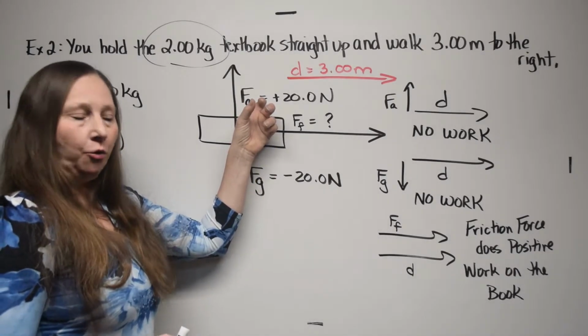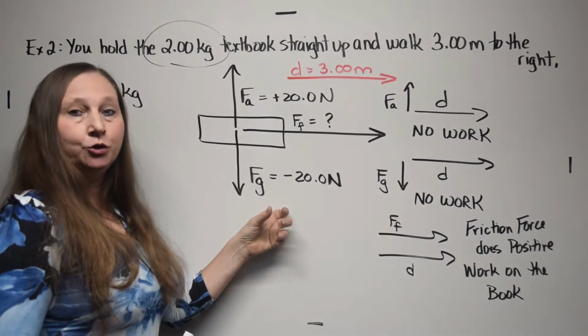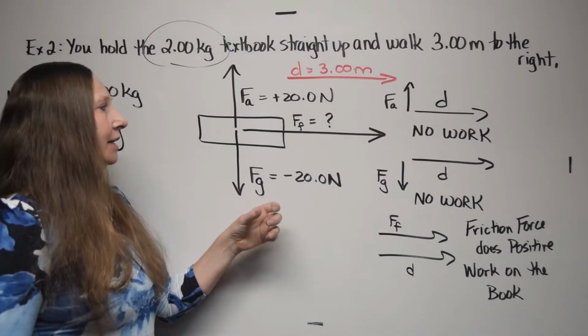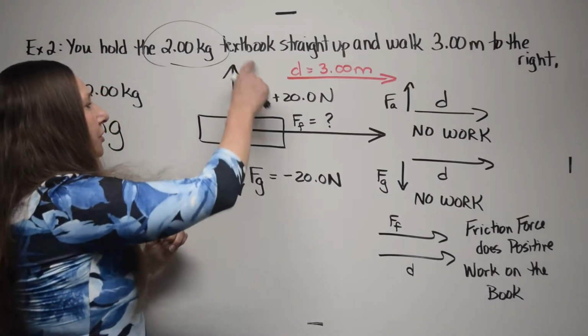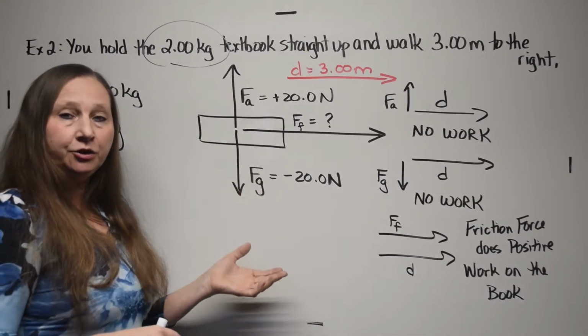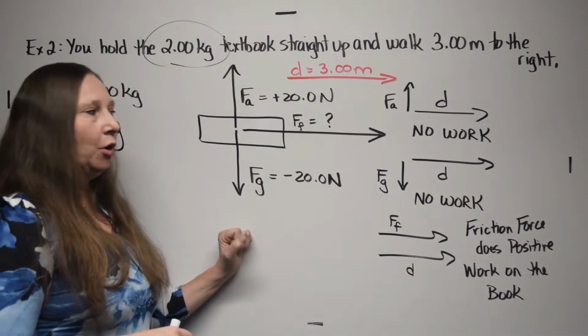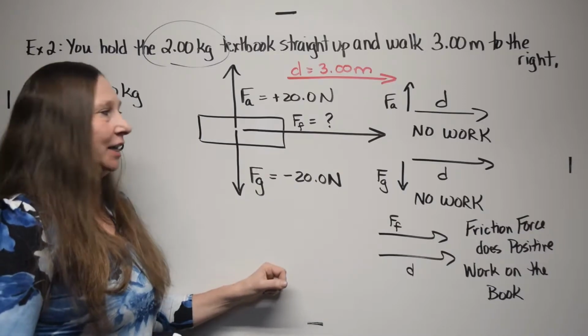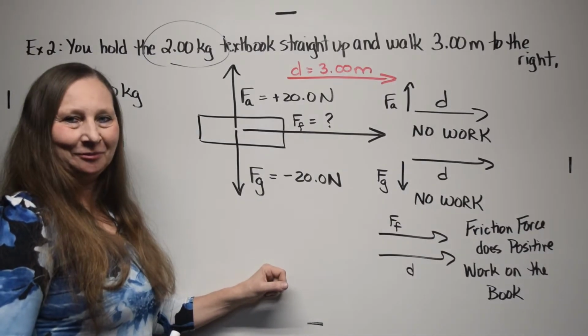The answer is no. Is the gravitational force doing work? The answer is no. Keep in mind, in a lot of problems, they will focus on the applied force and the gravitational force, which are not doing work. If they ask about the friction force, yes, the friction force is doing work.